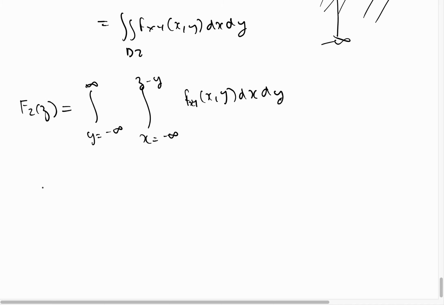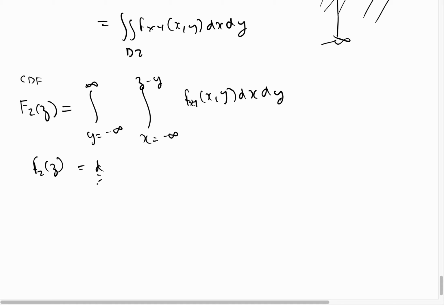So what do we actually need? We are going to find f_Z(z), the probability density function. So what do we have here? We have the CDF here. So how can I find this f_Z(z)?